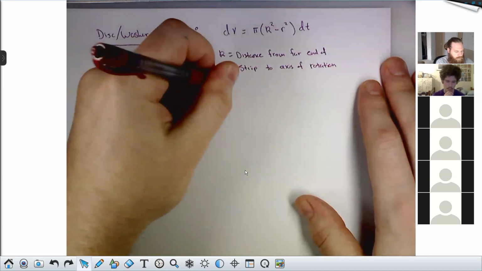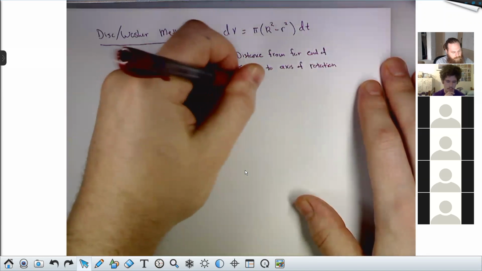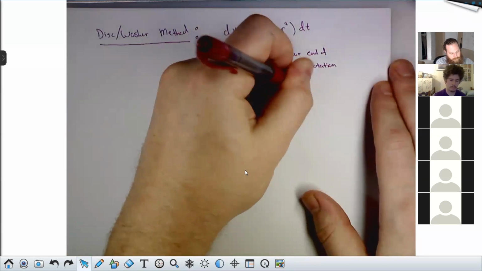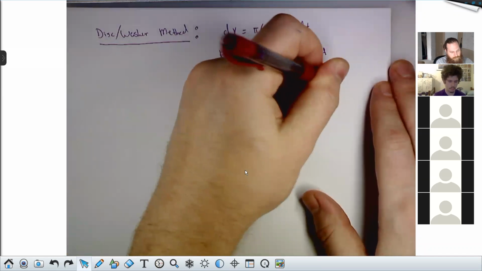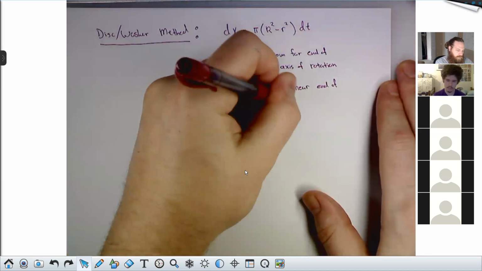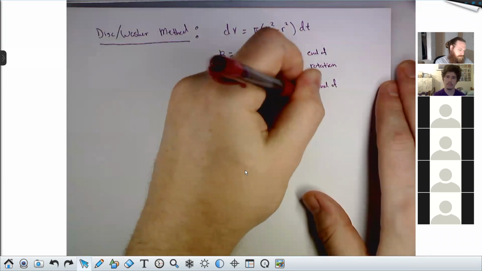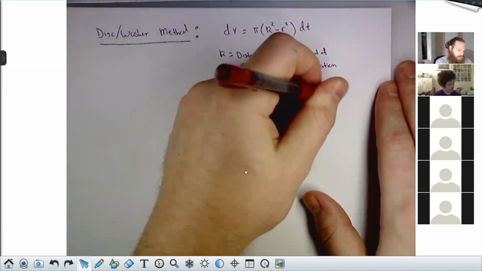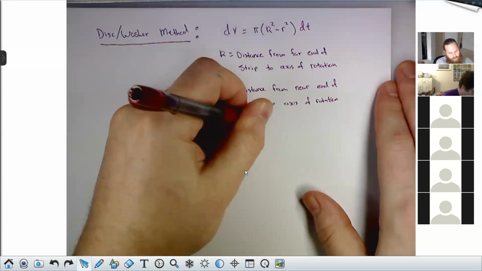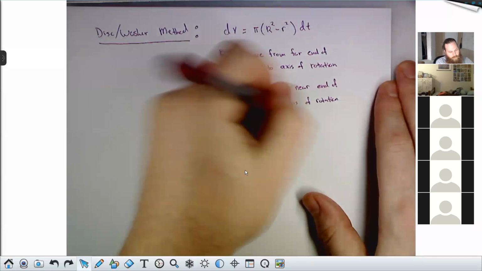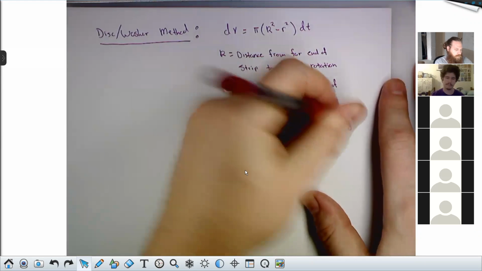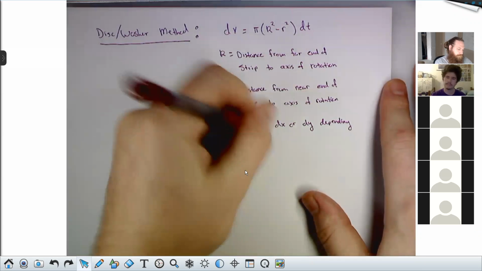And little r is always the distance from the near end of the strip to the axis of rotation. And dt can either be dx or dy, depending on the problem.